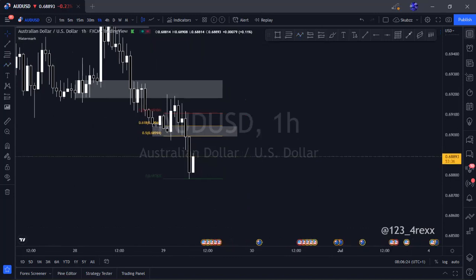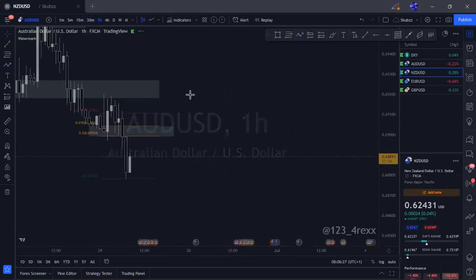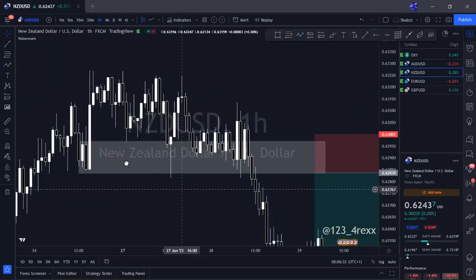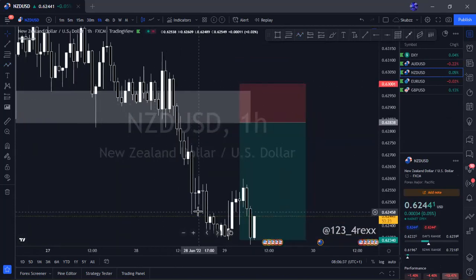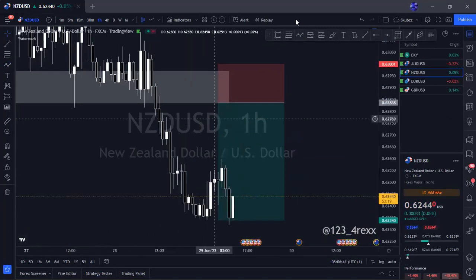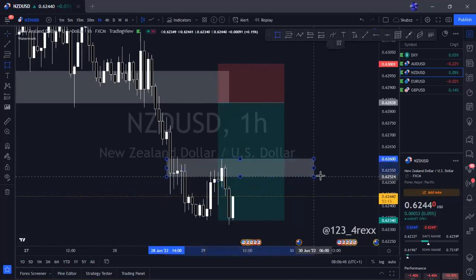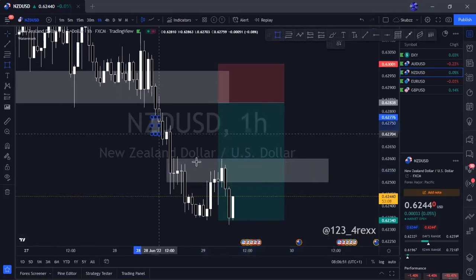Now, if we go to NZD USD, I think this was from the class yesterday. I was telling you guys, we had a break, and what I was expecting was a retracement. But if we look critically, this was a supply level. That whole candlestick there was another supply level.